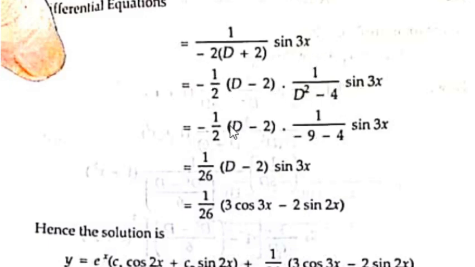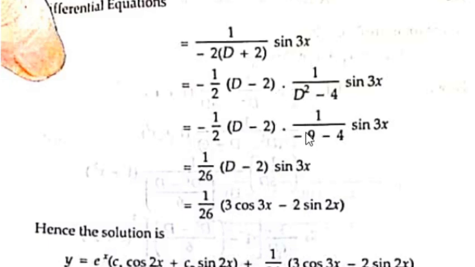Now write this as it is: −1/2 (D − 2) times [1/(D² − 4) sin 3x]. Again we apply the sine rule, replacing D² by −a², so −9 − 4, it is −13.